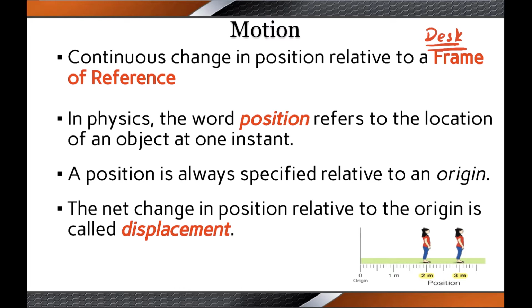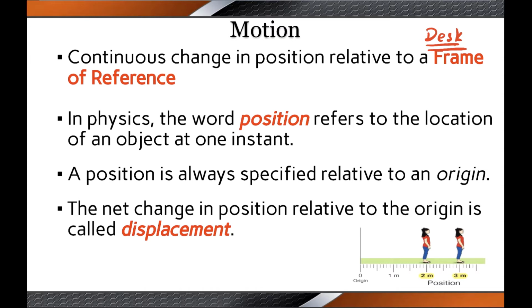All right, so in physics, the word position simply refers to the location of an object at any one instant. So if we know where the point of origin is, where that position was at first, and then we know where the person ended up, we can calculate two different things. We can calculate the distance that that person has moved, and we can calculate the displacement that that person has actually moved.